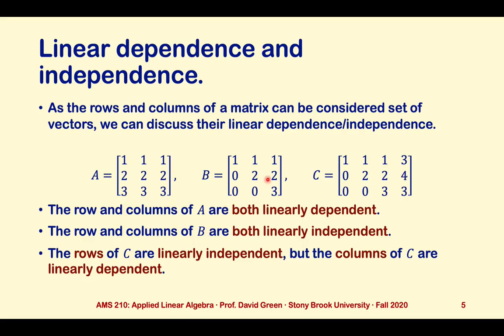In B, we have an echelon form, an upper triangular form, and upper triangular forms tend to be linearly independent, especially when we have all non-zeros on the diagonal like this.